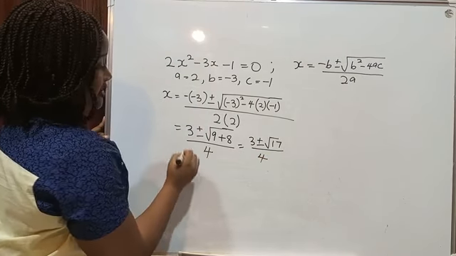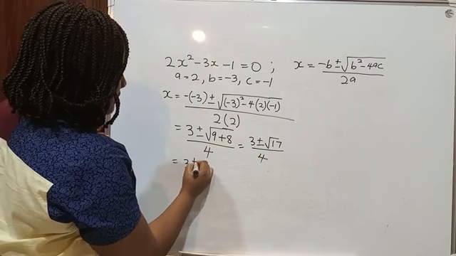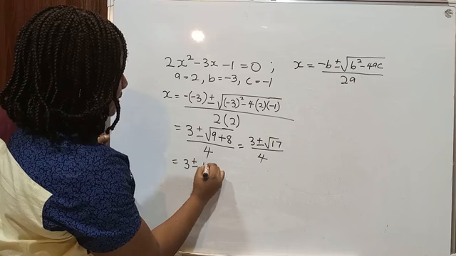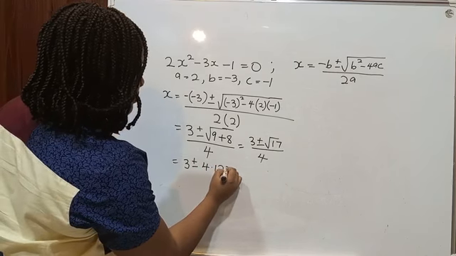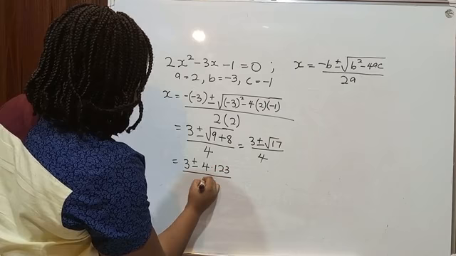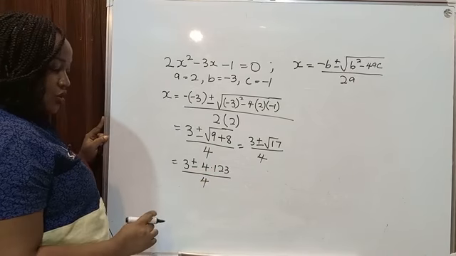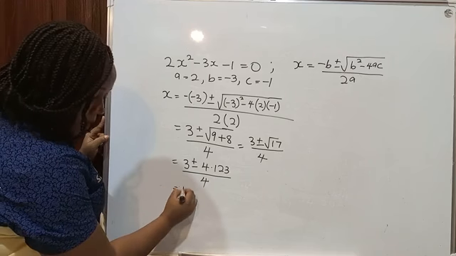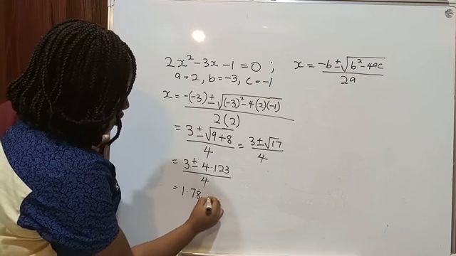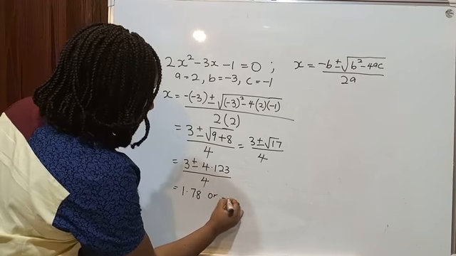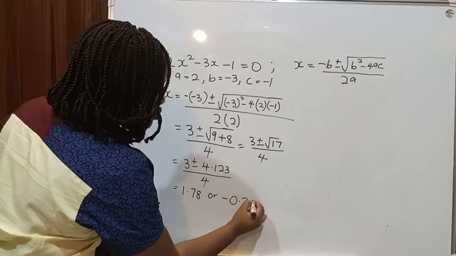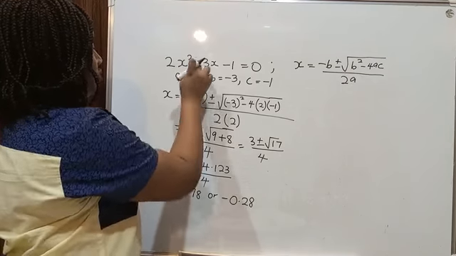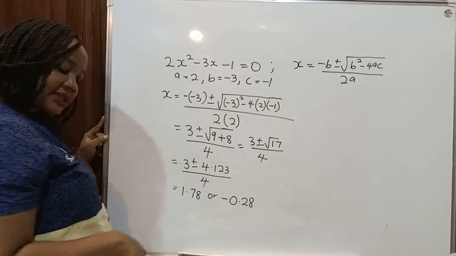And our square root of 17 should give us 4.123. So 3 plus or minus 4.123 over 4. When you solve this, you're going to get either 1.78 or minus 0.28. You can try plugging this into the equation and see if it is satisfied.